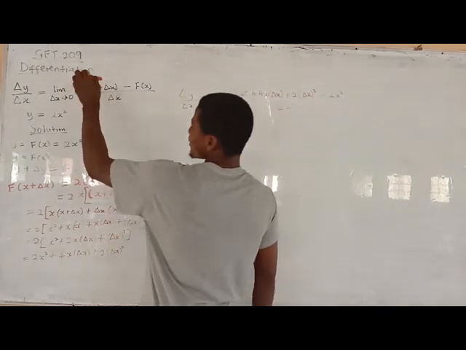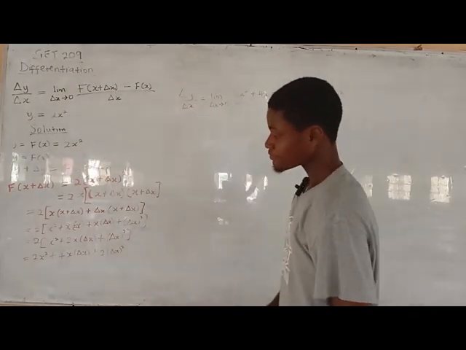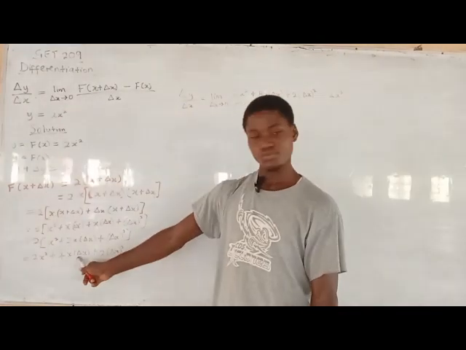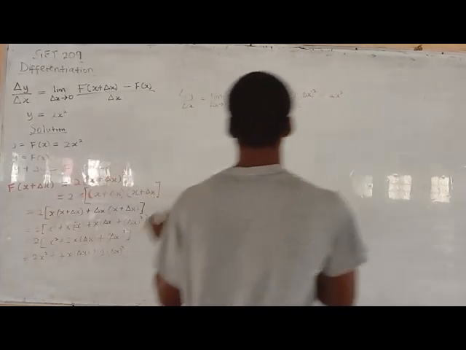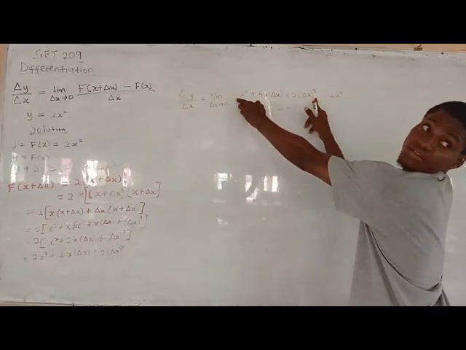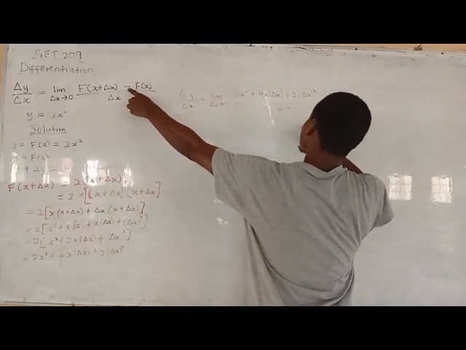Don't forget, our f function of x plus change in x. When we finish solving it, this is what it gave to us. So if you drag the whole of this and come here, you are going to keep it here. The next thing that appeared was what?